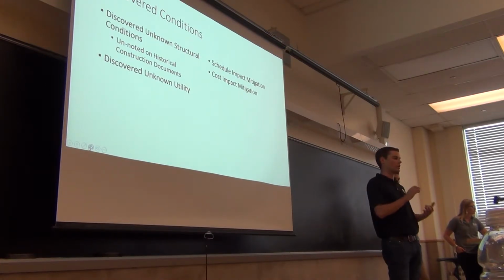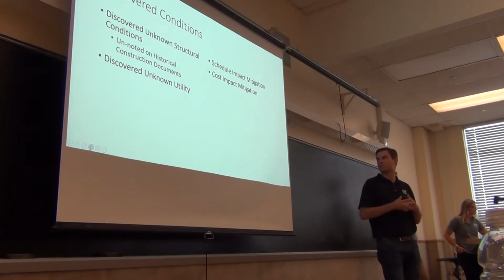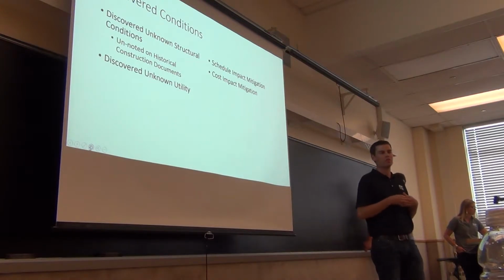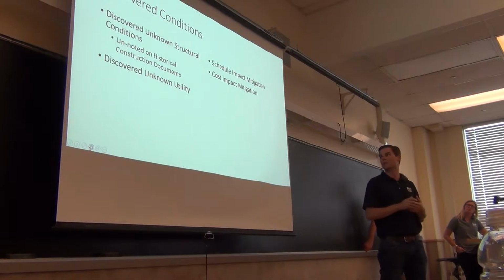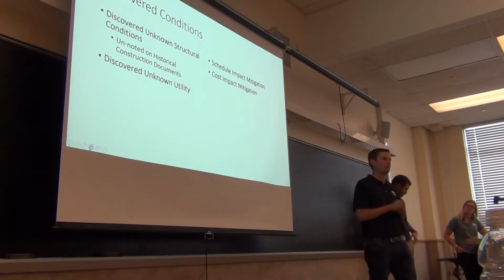So once you run into these issues, then as project managers or on the side of the general contractor, we're looking at how to mitigate impacts to the schedule, how to mitigate impacts cost-wise.